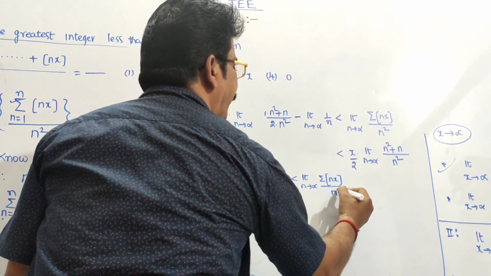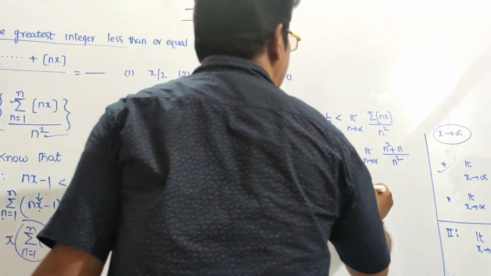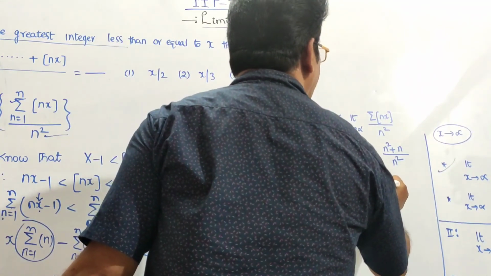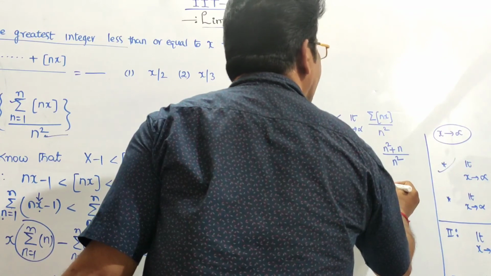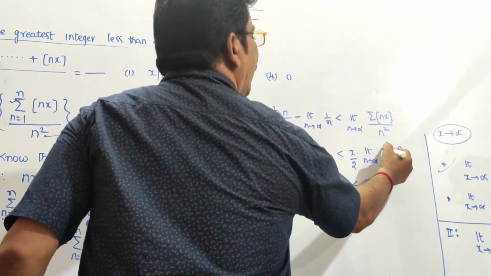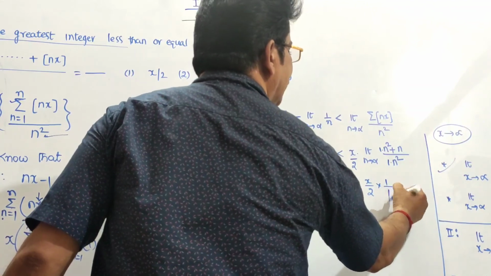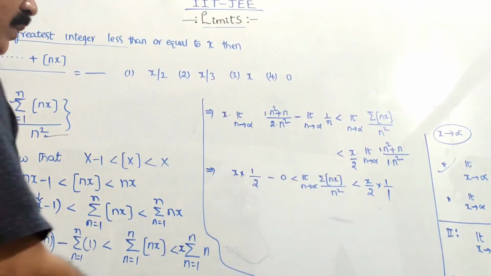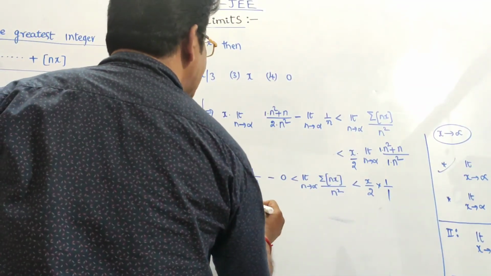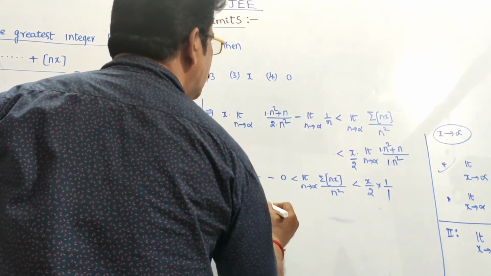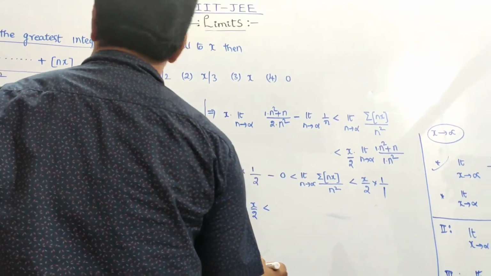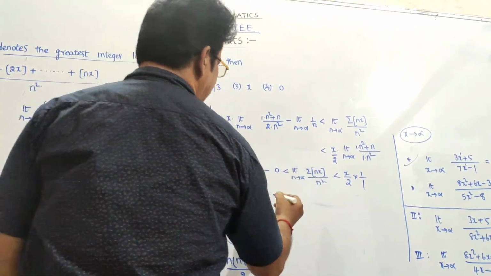divided by n square less than x by 2 into n square coefficient 1. Here also n square coefficient 1. It is simply 1 by 1. So that implies x by 2 is less than. This is the question.